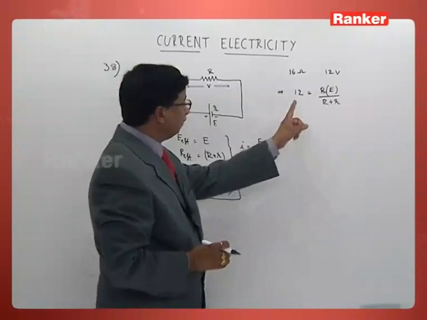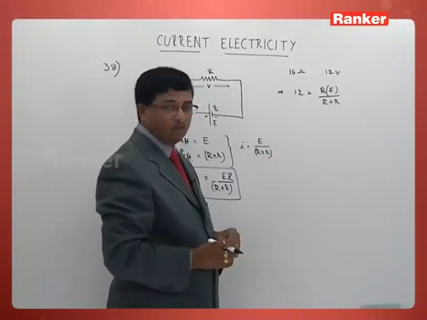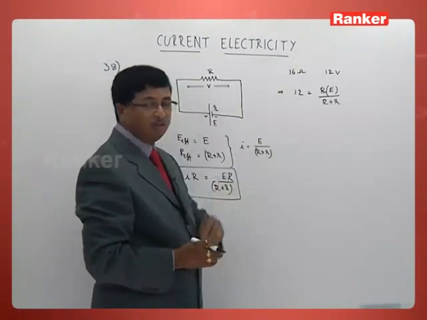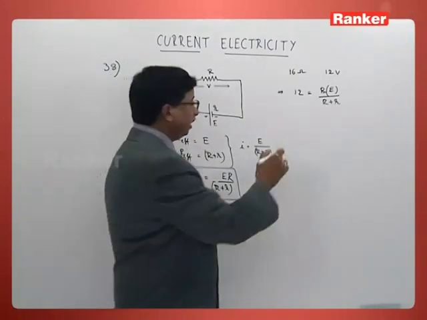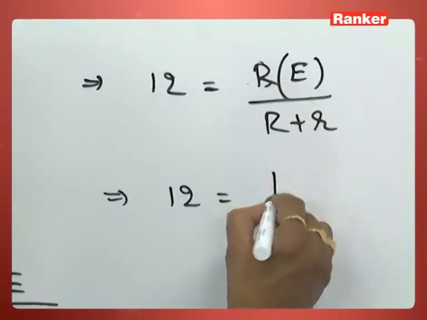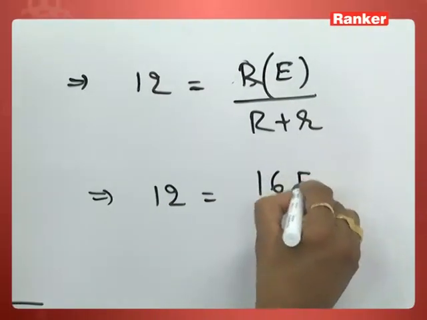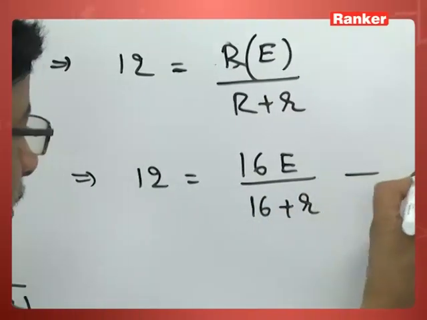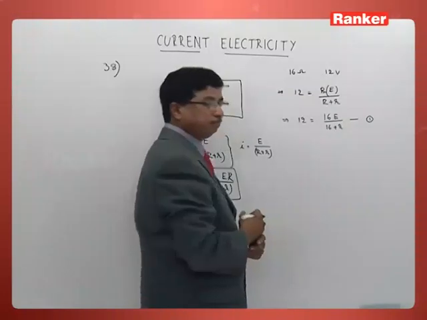Look at once again carefully. 12 is equal to RE by R plus r. But what is R given here? 16. So I write the first equation. Look at 12 is equal to 16E by 16 plus small r. That's my first equation.